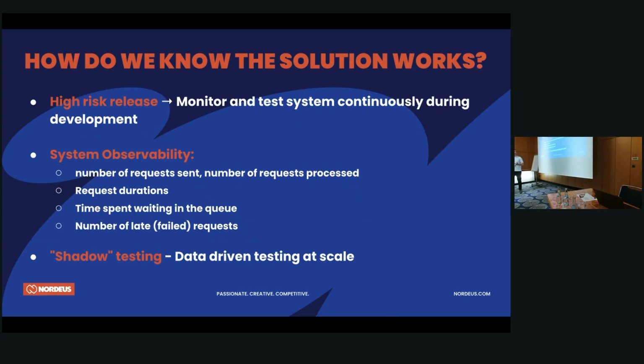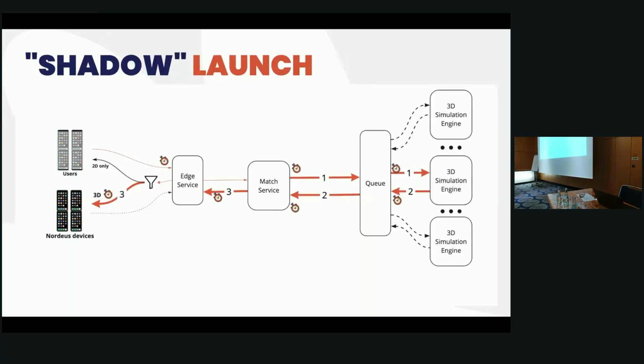We used something called shadow testing, which is something you should consider for your projects. How it works: first, we covered the entire system with all possible metrics, logs, traces, and we tracked everything. Then for regular users, everything worked like before.